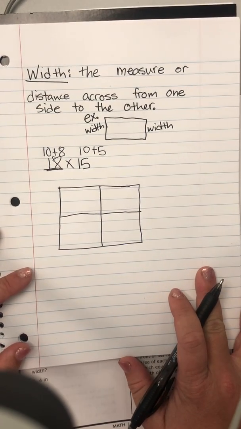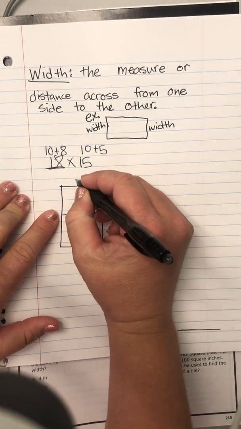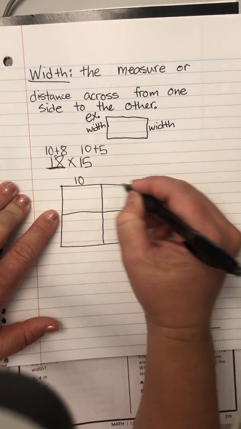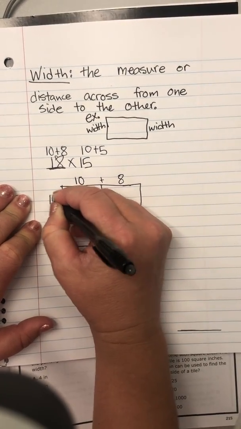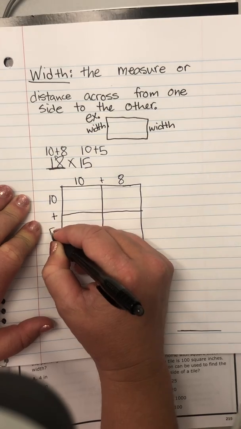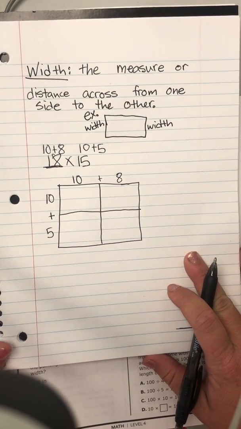Okay, see how I did that? Y'all are just viewing this just to view it, okay? So now I'm going to take my numbers, 10 plus 8 and 10 plus 5. This is called the box method of multiplication.